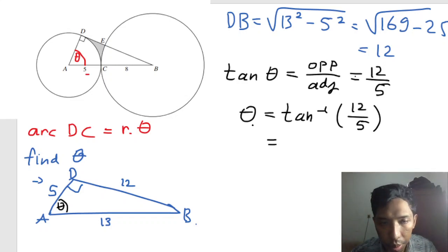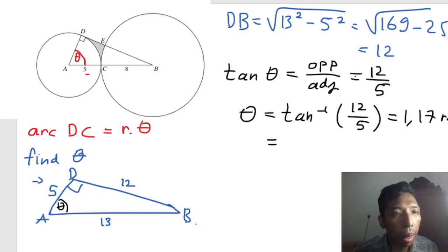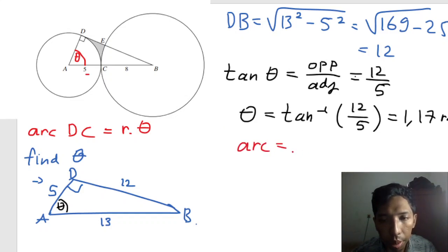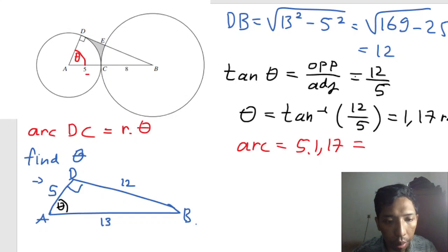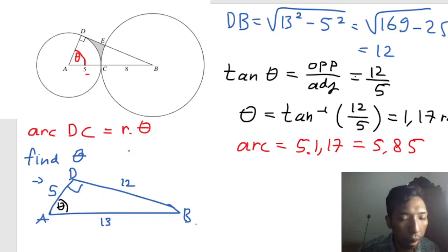The answer is 1.17 radians. Then to find the arc, we already have all the parts. r is 5 times 1.17, and if we plug it in, this becomes 5.85. So the arc of DC is 5.85. Not hard.